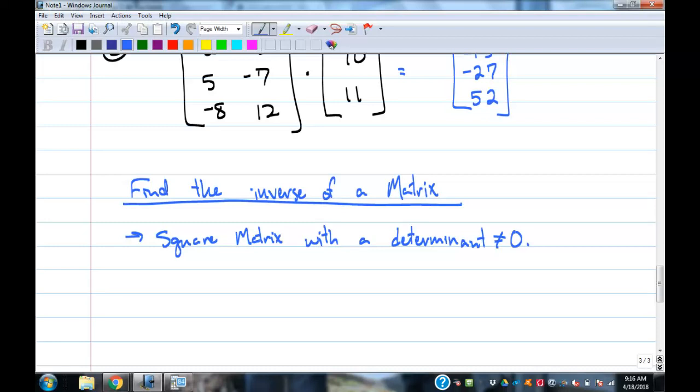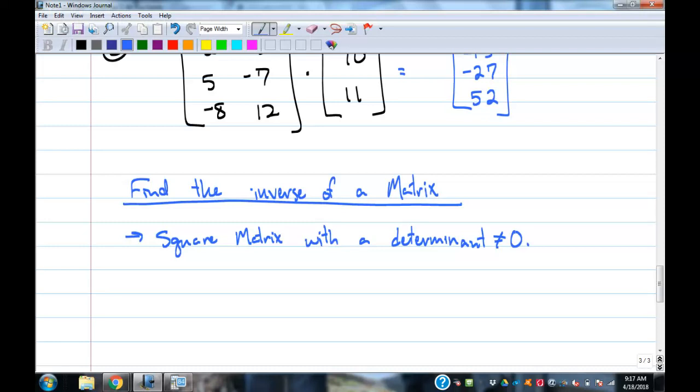Reciprocal. Reciprocal and multiplicative inverse are the same thing.